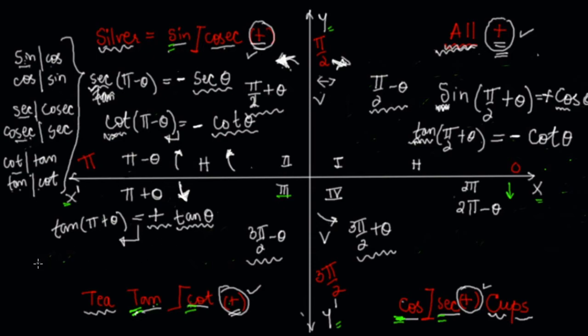Let's look at the other way around. If I tell you what is sec of pi plus theta. Now again I am jumping from the horizontal axis, right? Pi is 180 degrees, this is 180 degrees, and I am jumping plus theta, which means I am coming into the third quadrant. Now which axis did I take? I took the horizontal axis. If sec would jump in the third quadrant, would it give you a positive sign?